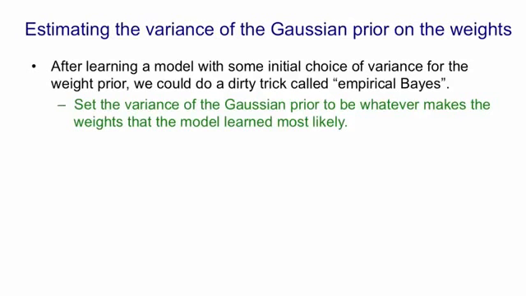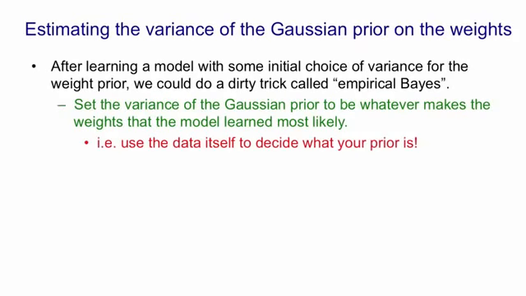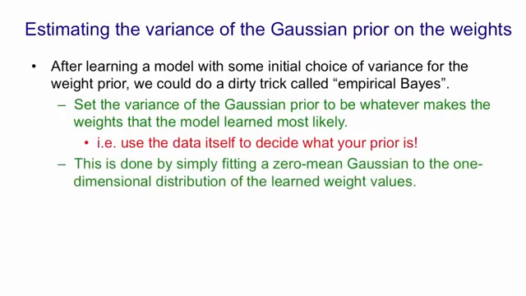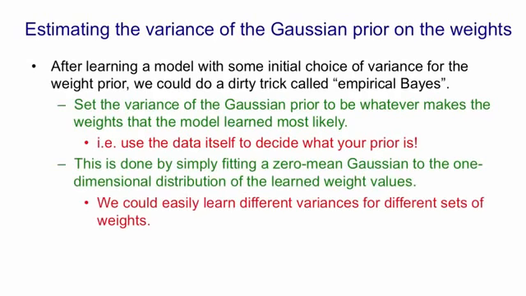This really violates a lot of the presuppositions of the Bayesian approach. We're using the data to decide what our prior beliefs are. So once we've learned the weights, we fit a zero mean Gaussian to the one-dimensional distribution of the learned weights, and then we take the variance of that Gaussian and use that for our prior. One nice thing about that is, if there are different subsets of weights, like in different layers for example, we could learn different variances for the different layers.